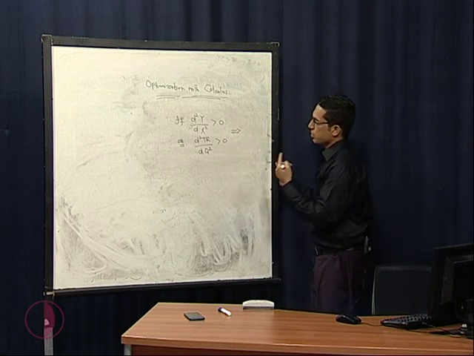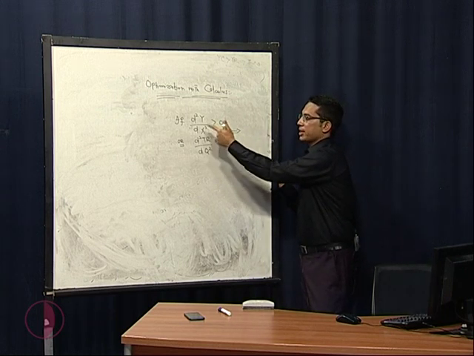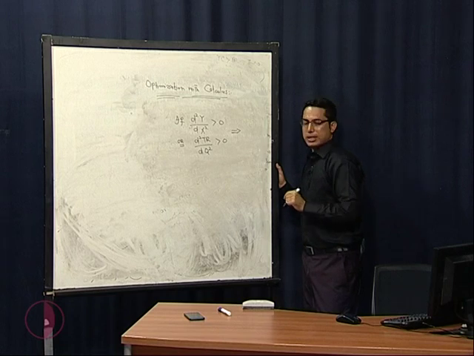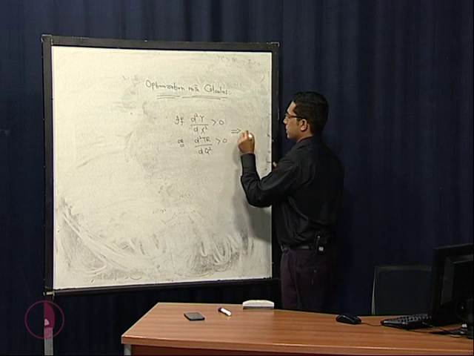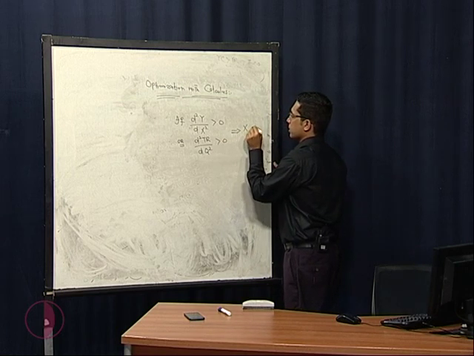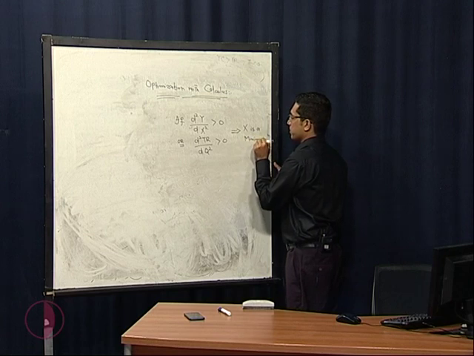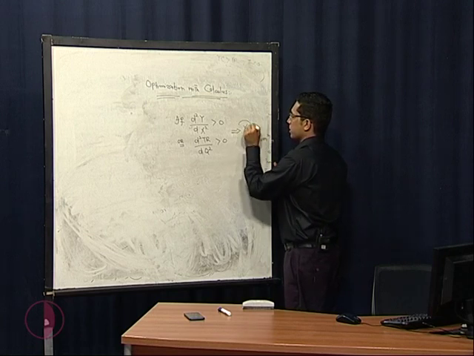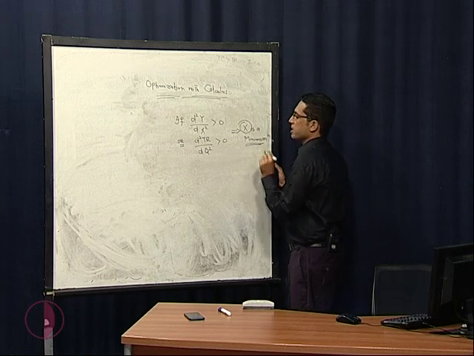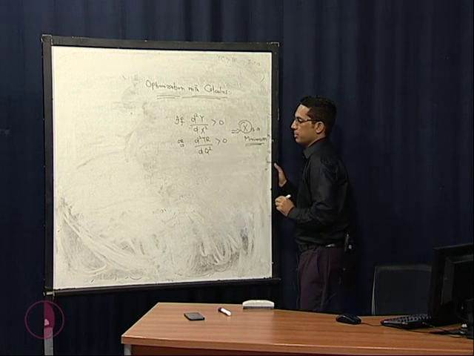It means positive. If second derivative of a function is greater than 0, then x is a minimum. This function shows the minimum point.